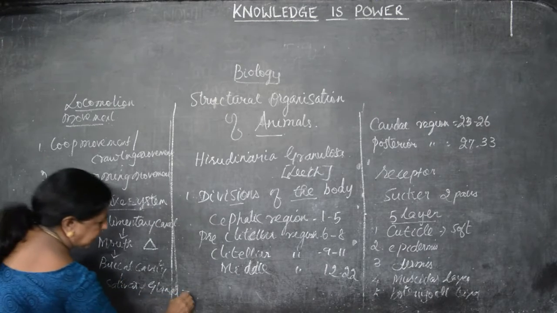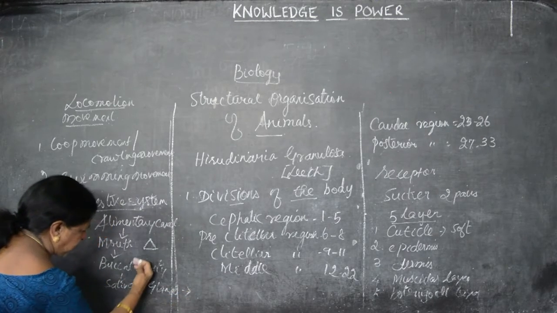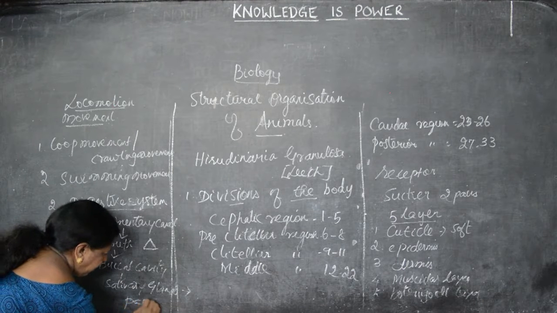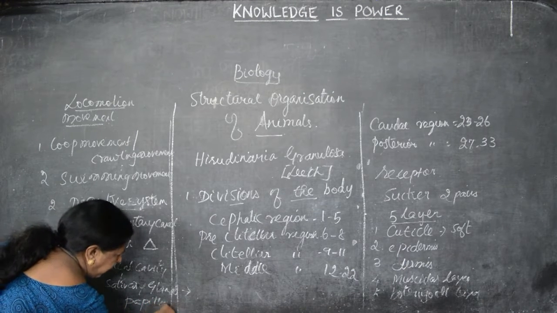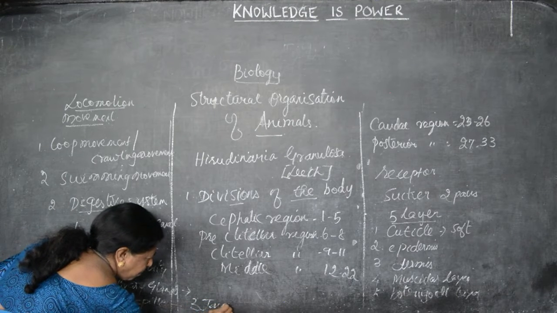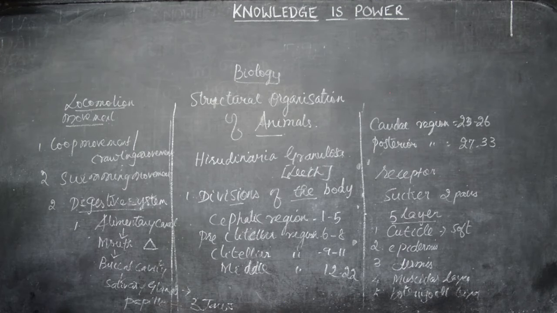There are 3 jaws next to the salivary glands. In the buccal cavity, papilla is there. It is the mouth part. Here 3 jaws are there. Is it clear?